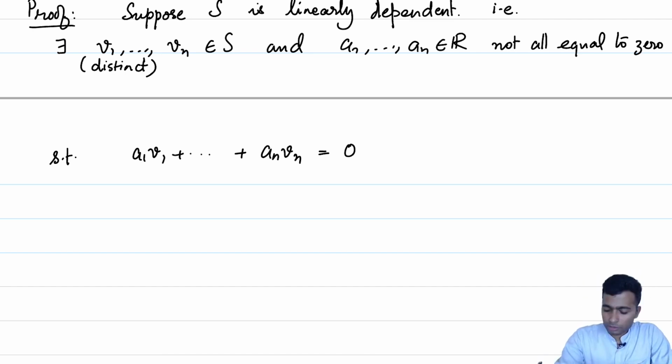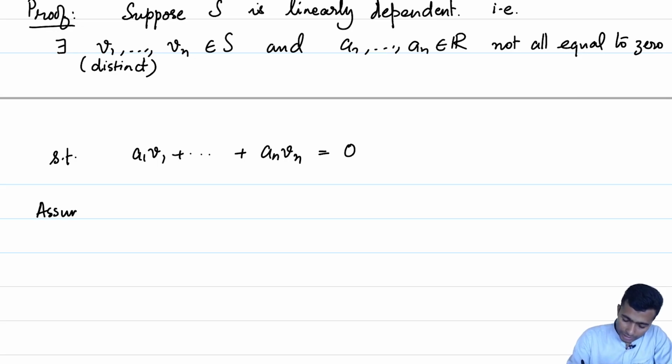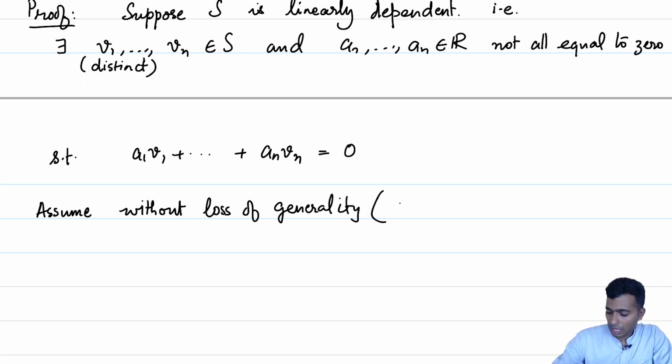So one of the ai's is not 0. After renumbering of vi's and ai's, assume without loss of generality that a1 is not equal to 0.